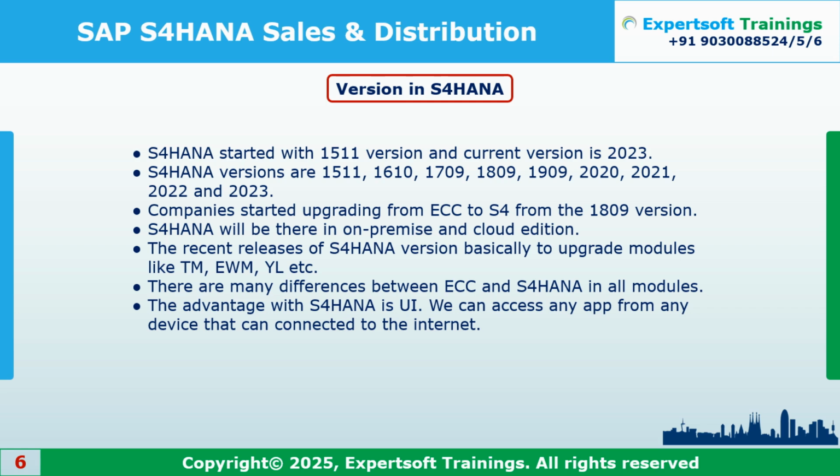The first version of S/4HANA was released in the year 2015, and people started implementing it starting from version 1809. If you are an SD consultant, the current version that we are using is 2022, and the training will happen under S/4HANA version 2022.